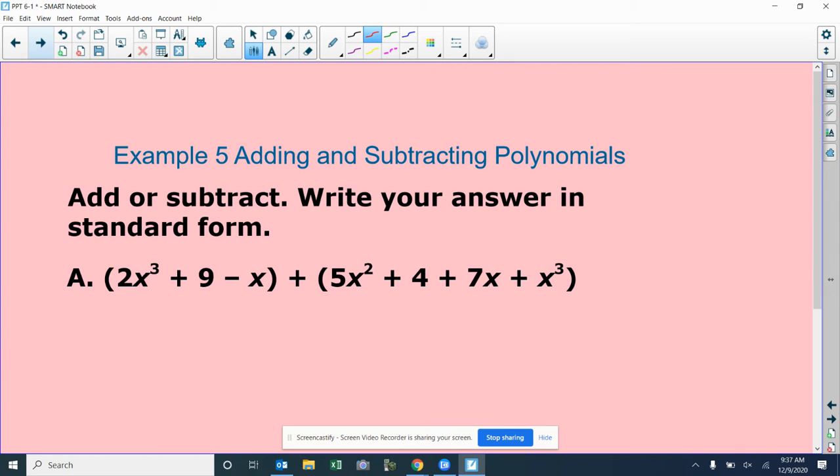See what you can do there? Add stuff together, put it in standard form. What we want to add first is the highest degree monomials. It looks like those are going to be x to the third. We got a couple x to the thirds up there.